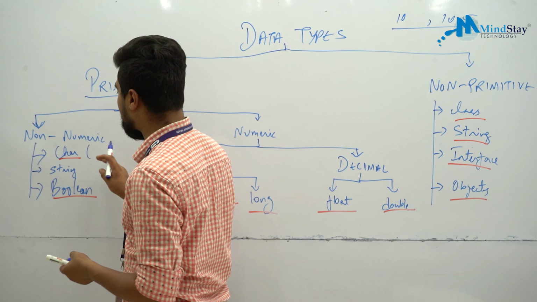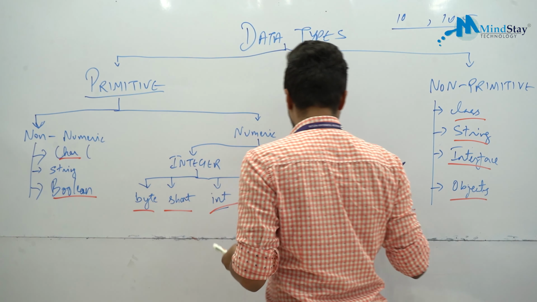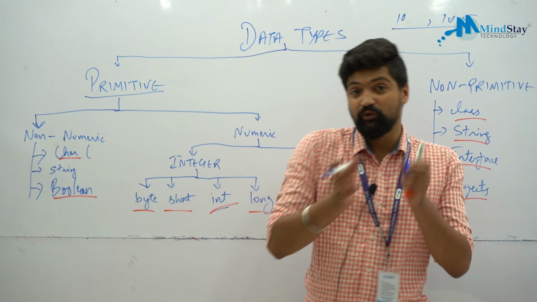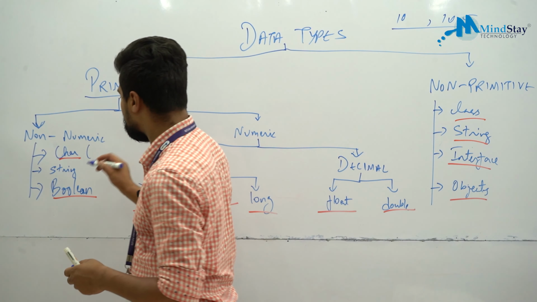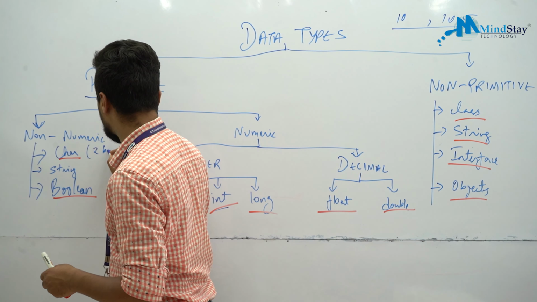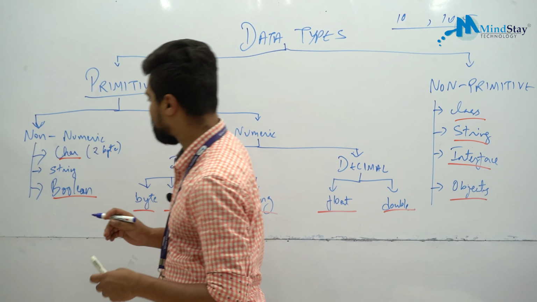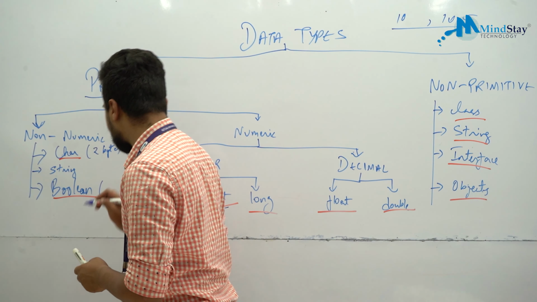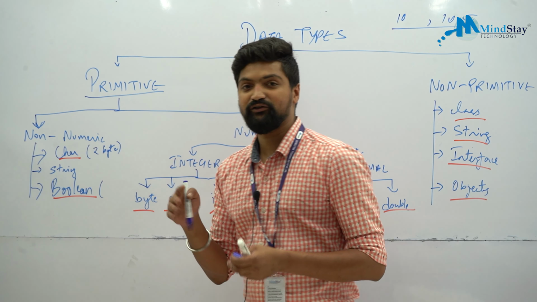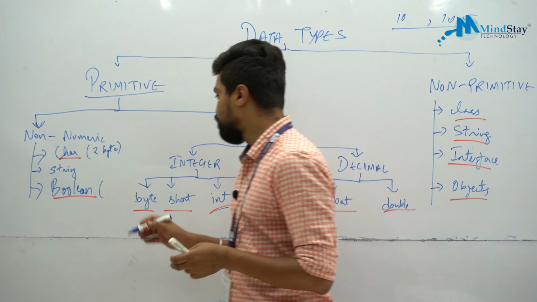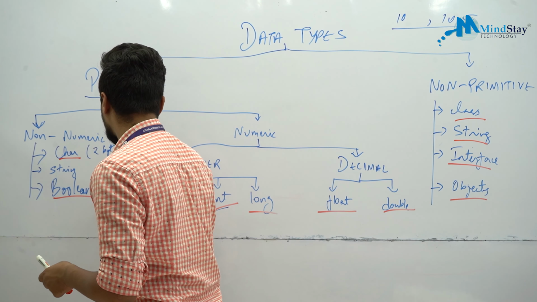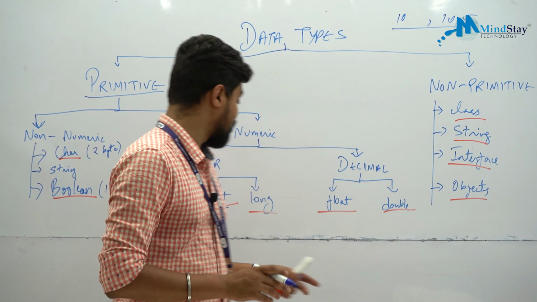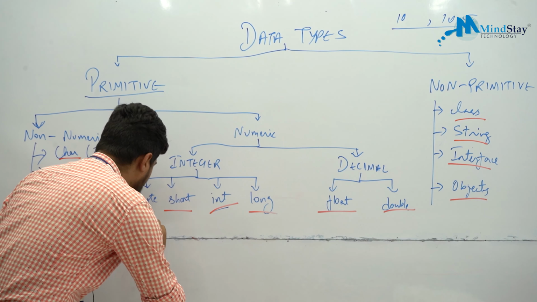When I talk about these data types, they have default sizes. As I said, it's going to be stored somewhere, so it has default sizes. The character has 2 bytes. Boolean either has true or false, so it only requires 1 bit of default storage. Byte has 1 byte.